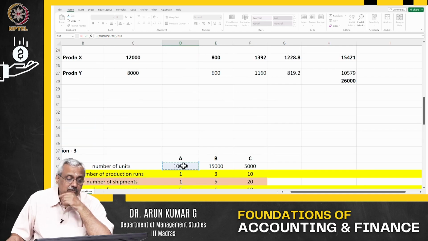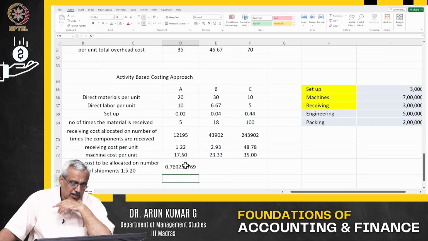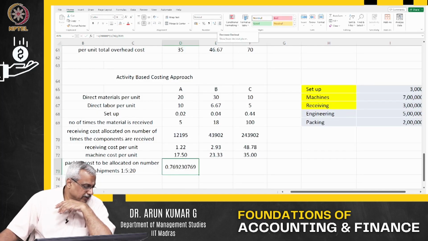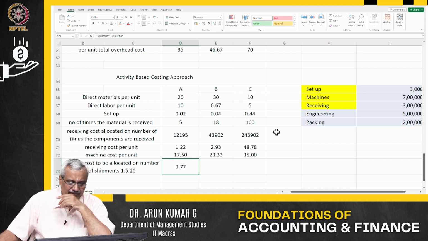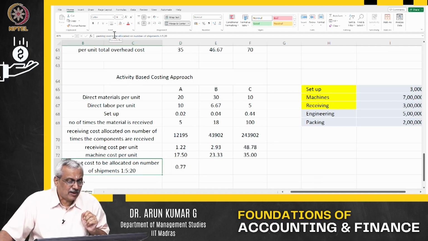So my packing cost comes down to roughly 0.76 or 0.77 per unit. Let me also add per unit here.